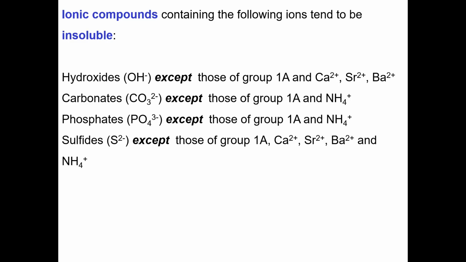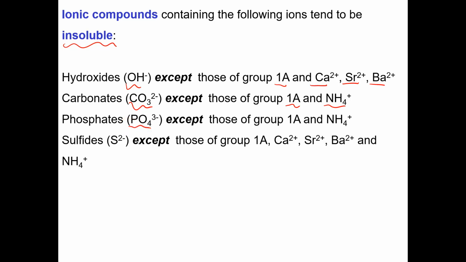Ionic compounds containing the following ions tend to be insoluble, and there are a lot more exceptions here. Hydroxides tend to be insoluble, except those containing group 1A or the calcium, strontium, or barium cations. Carbonates tend to be insoluble, except those containing group 1A or the ammonium cation.